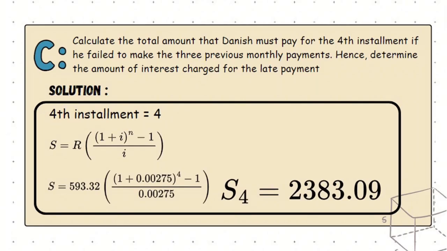So we just put it in the formula and we get the answer for question C, S4 equals 2,383 ringgit 0.09 cents.